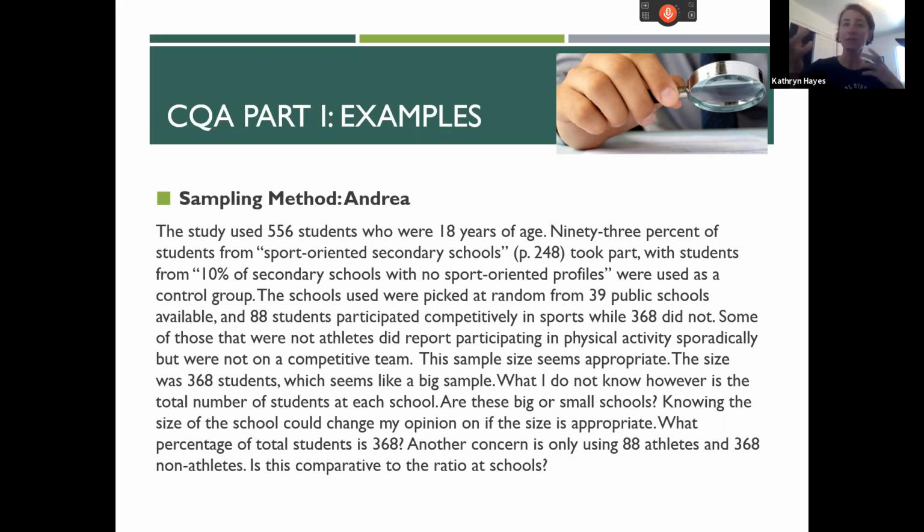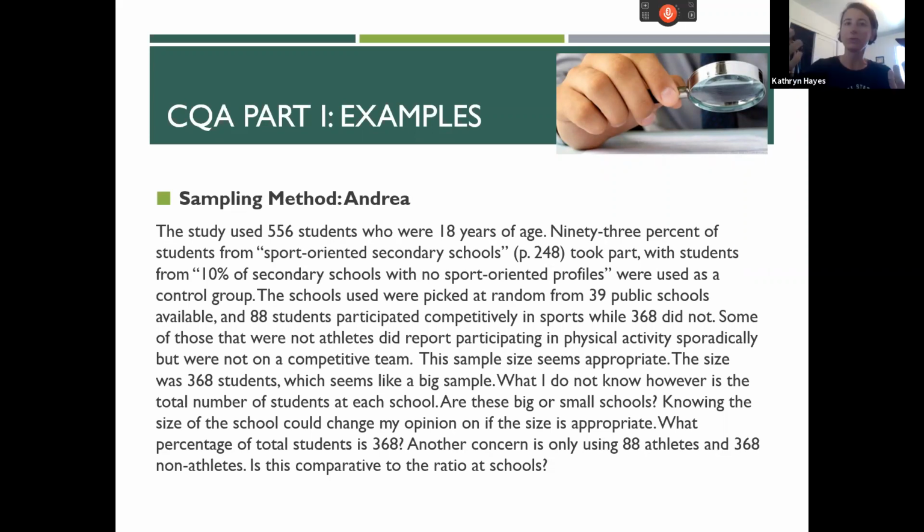If it's only 10 students out of a school of 2,000, is that really an appropriate sample? Or is it 200 students out of a school of 2,000? Or is it 10 students out of a school of 200? These would make a very big difference in whether the sample is appropriate.